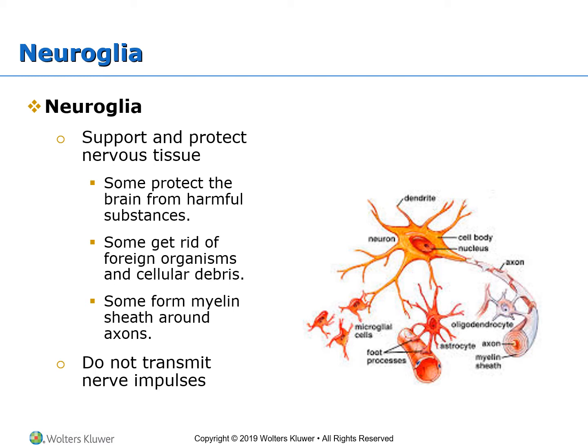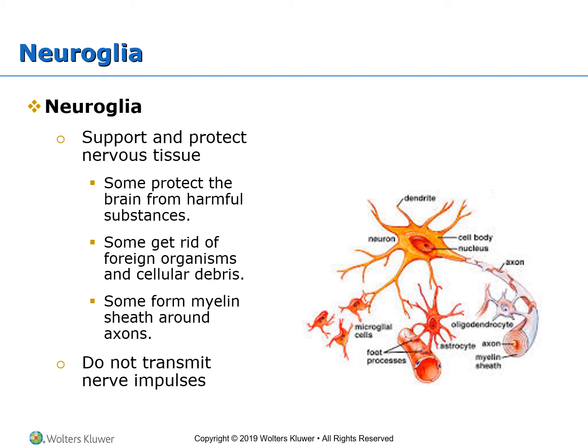We also have other cells like microglial cells or oligodendrocytes that remove foreign organisms around the neurons or cellular debris. And we have the Schwann cells that create the myelin sheath, the fatty sheath that surrounds the axons.